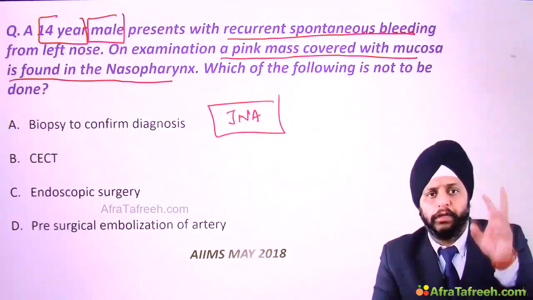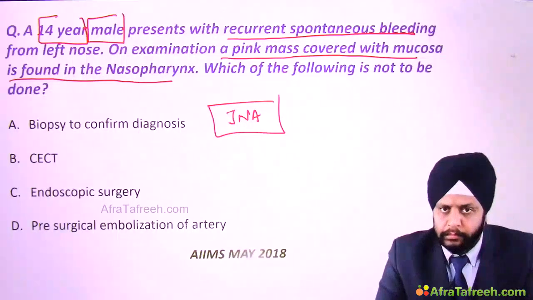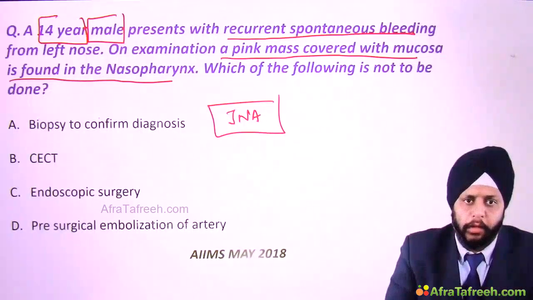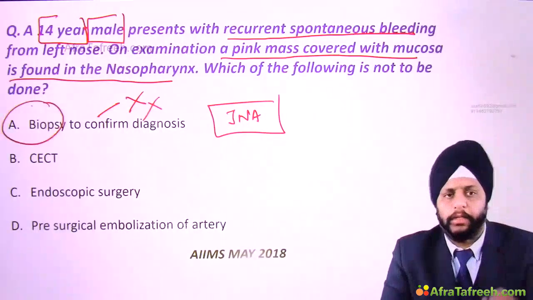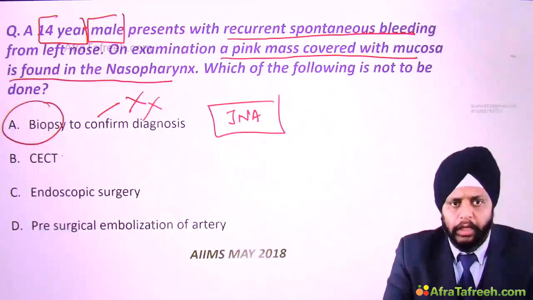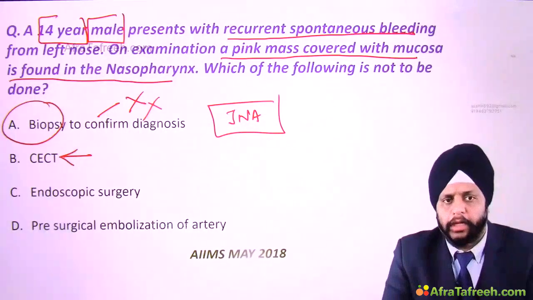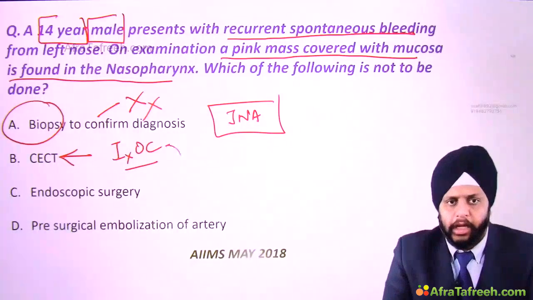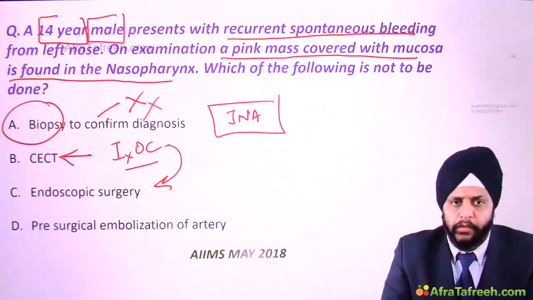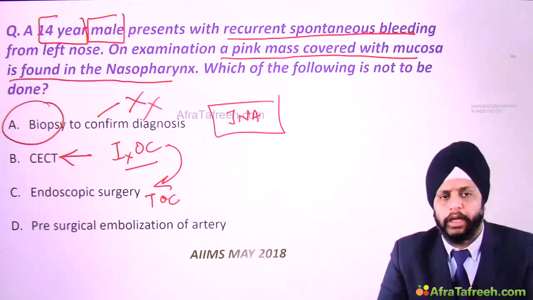Which of the following is not to be done? Biopsy to confirm. Remember, I told you biopsy is absolutely contraindicated. This is something we never have to do. CECT we will of course do. That is our investigation of choice. If it shows JNA, we will go for endoscopic surgery. That is our treatment of choice.